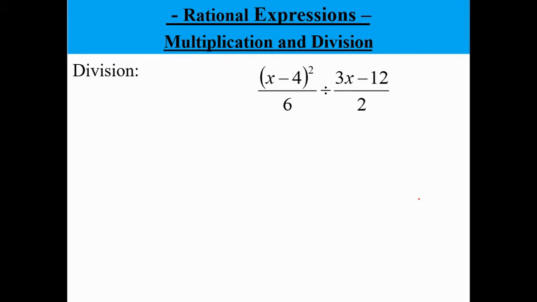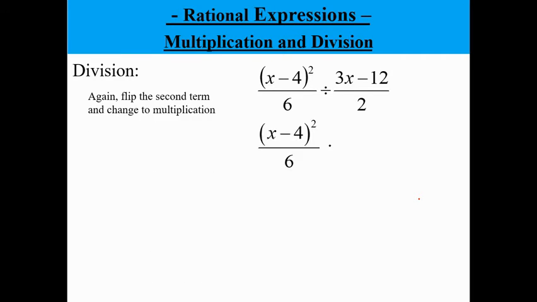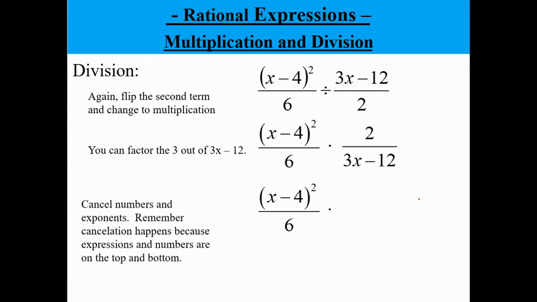Let's take a look at this. Now then, what were you supposed to do as your first step? That's right, you are going to flip the second term and then notice that the 3x minus 12, we can factor out a 3.